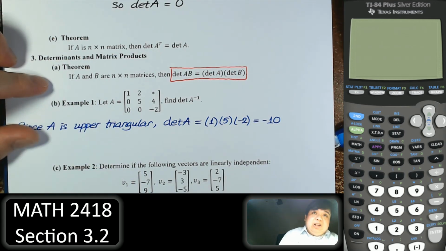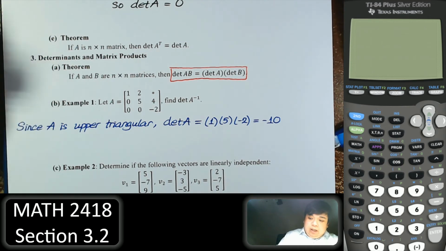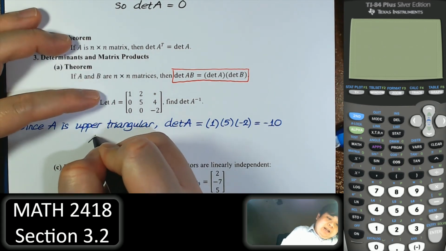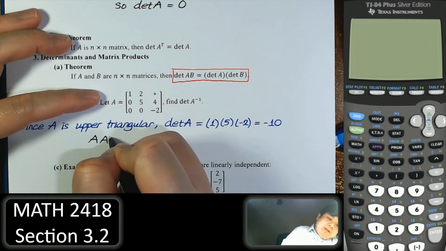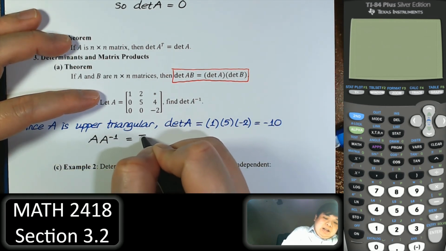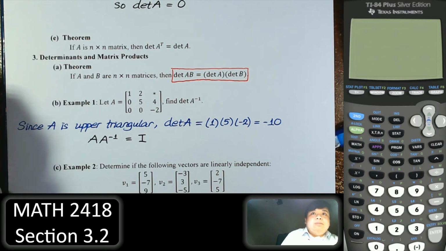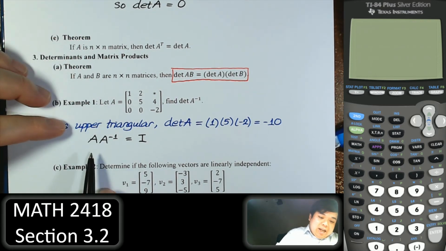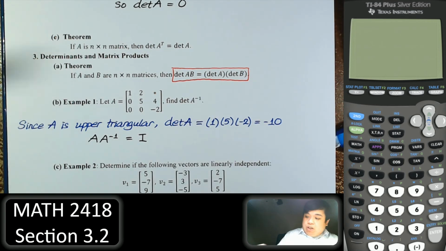Now, to find determinant of A inverse, we will use this trick. By definition, we have A times A inverse is equal to the identity matrix. Right? Definition of inverse matrices. In that case, we use the properties that we just have.